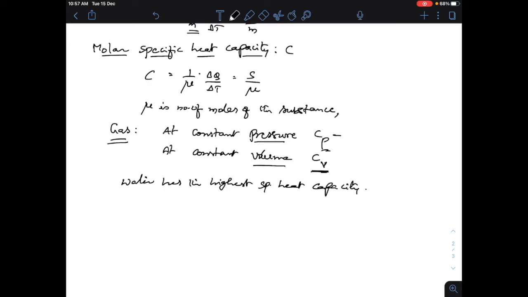That is why it is used as a coolant in automobile radiators, as well as in heaters such as hot water bags, because of water having the highest specific heat capacity.